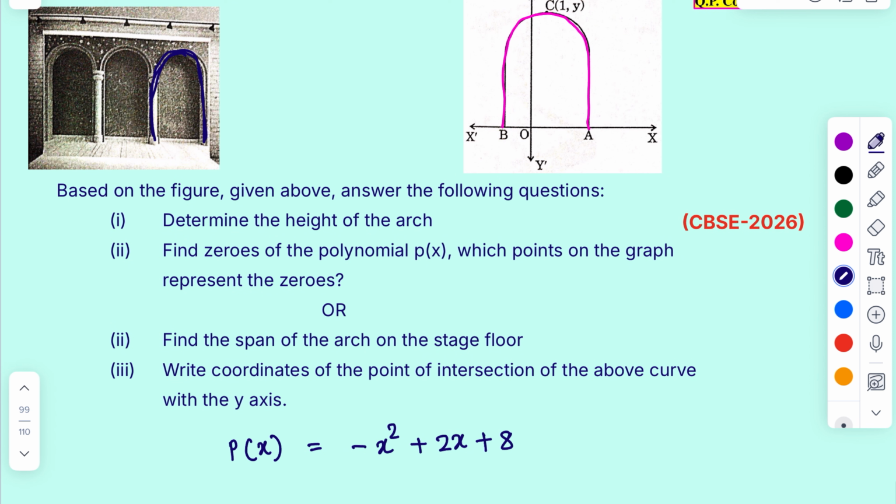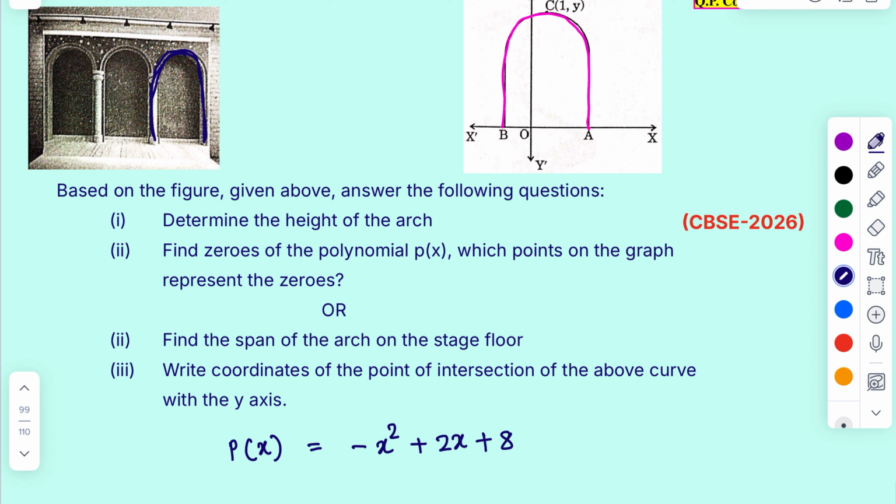If you represent it on the graph, the point A is the one with coordinates x is equal to 4 and y is equal to 0. And the other one is point B, which has coordinates x is equal to minus 2 and y is equal to 0. The zeros of the polynomial are the intersection points of the graph and the x-axis.